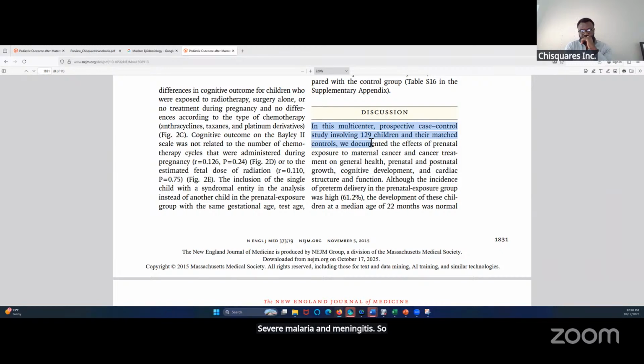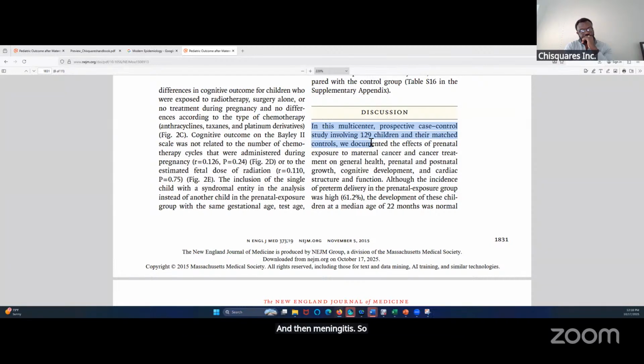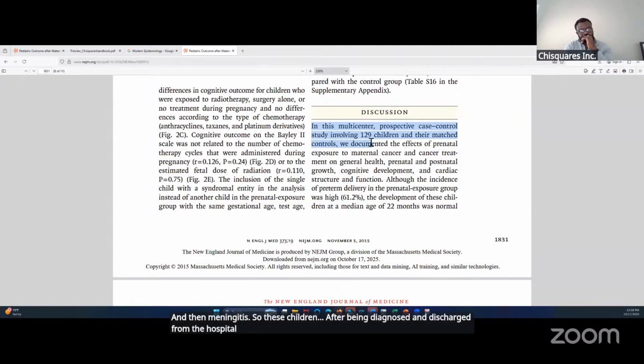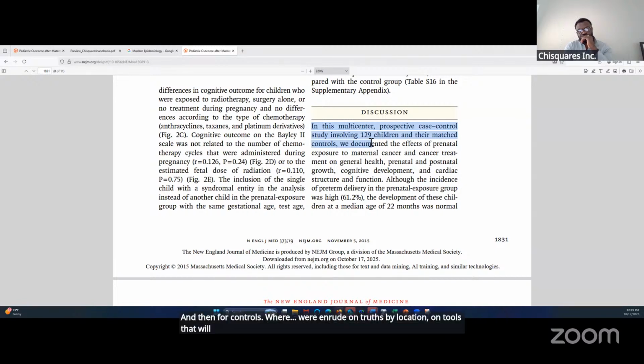So the cases here were children who reported to the hospital and were diagnosed with severe malaria, cerebral malaria, and meningitis. After being diagnosed and discharged from the hospital, they were traced to their homes to be enrolled as cases. And then 4 controls were enrolled.